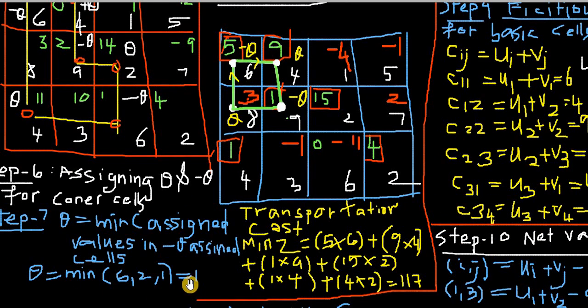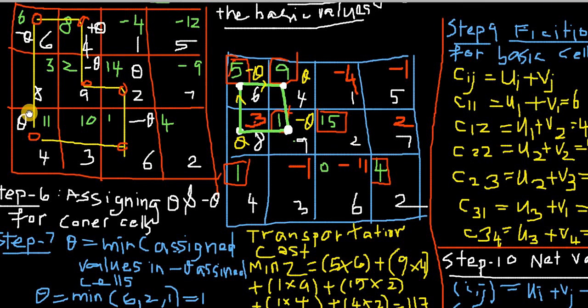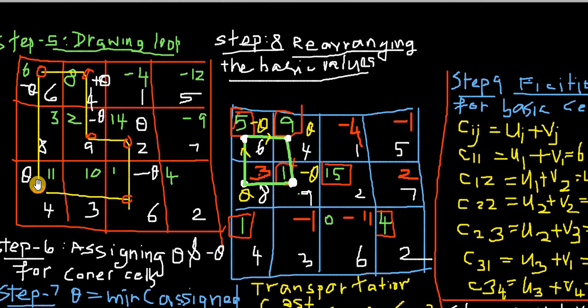We have given theta is equal to 1. So you substitute theta is equal to 1 here, minus 1 here, plus 1 here, and so on, in each cell.